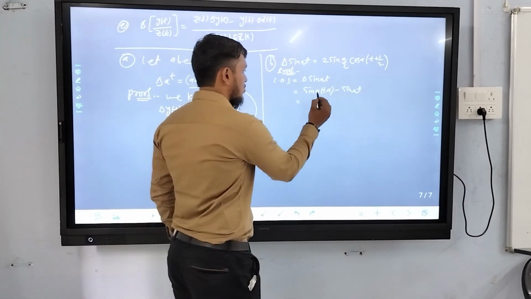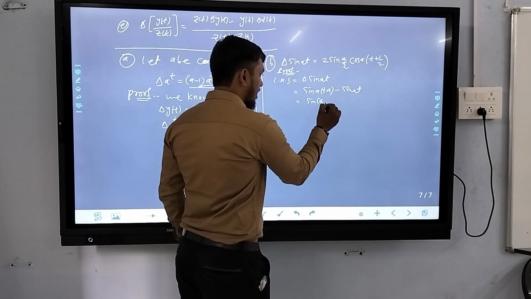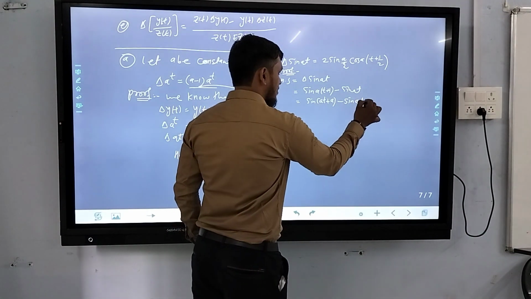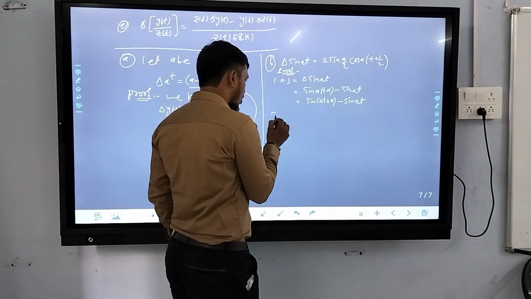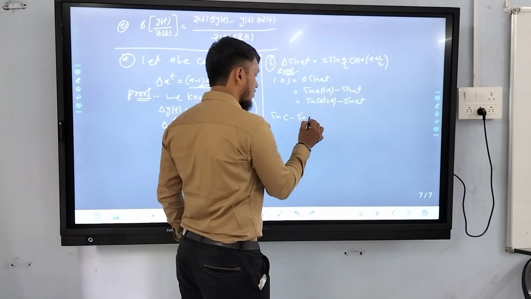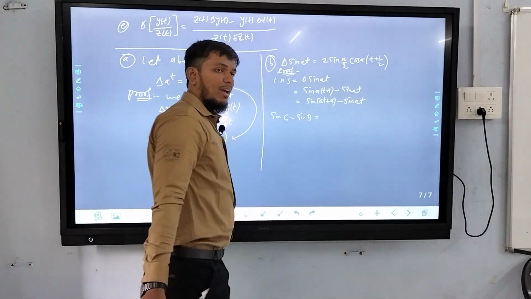You can multiply this a with each and every term of the bracket, so sin(at plus a) minus sin at. Here we use the formula of sin c minus sin d, which is a very important formula in trigonometry. What is sin c minus sin d?